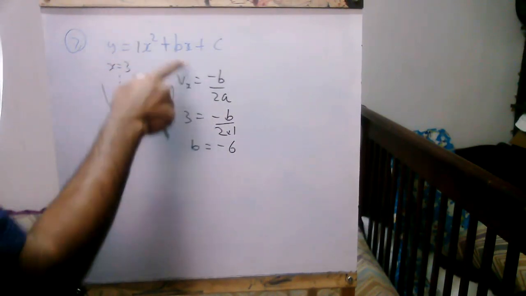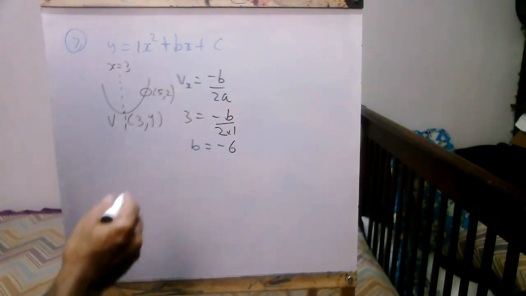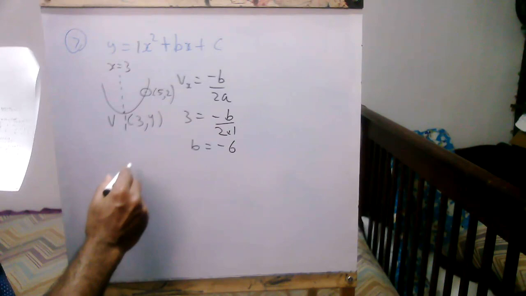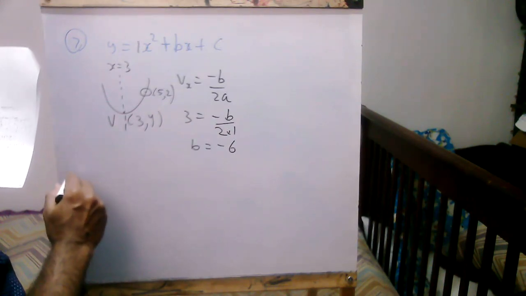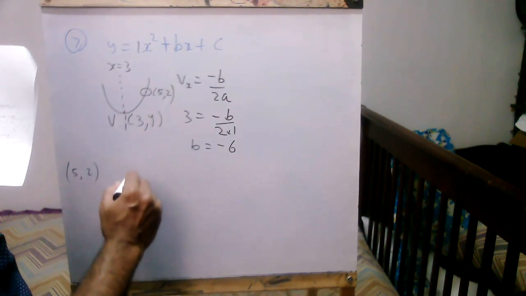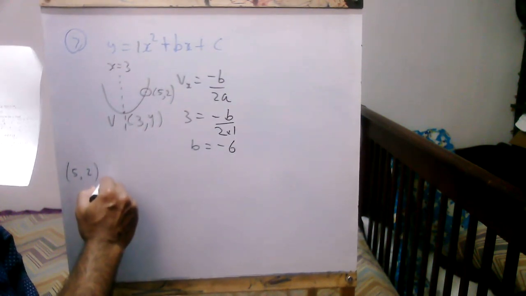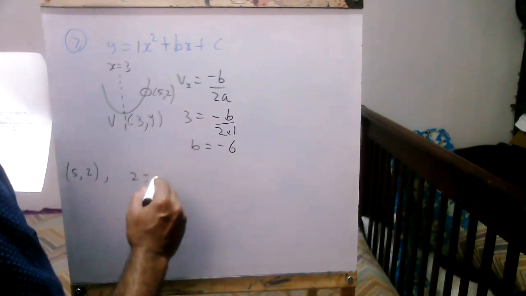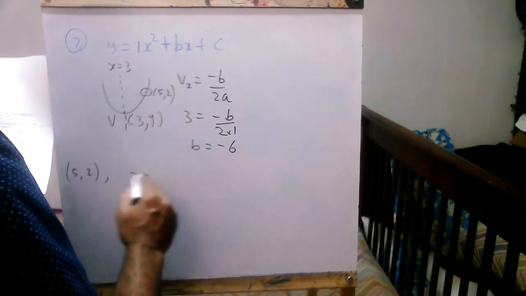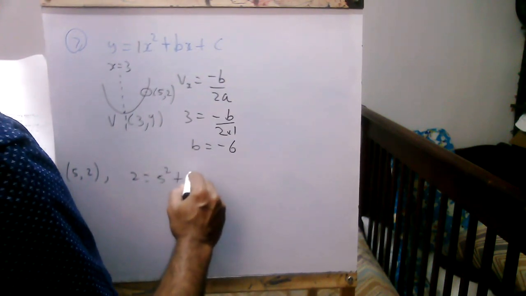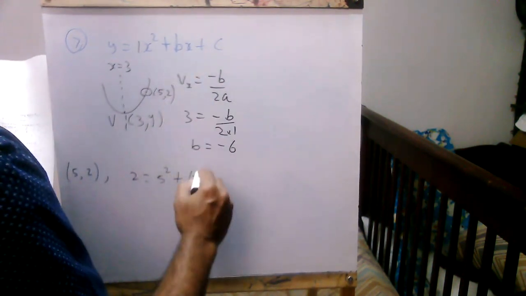We already found b, therefore we can find c. Therefore substitute in this given equation (5, 2), y is 2 equal to x is 5 squared plus b is negative 6.